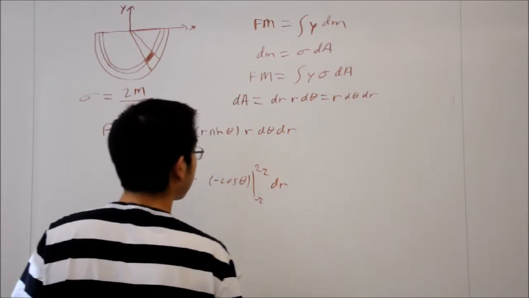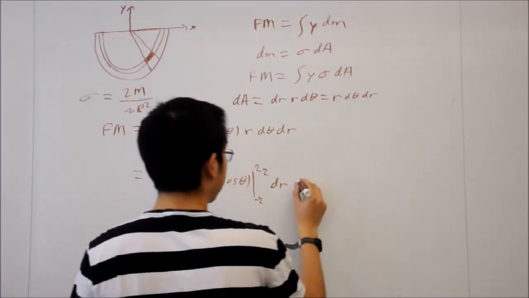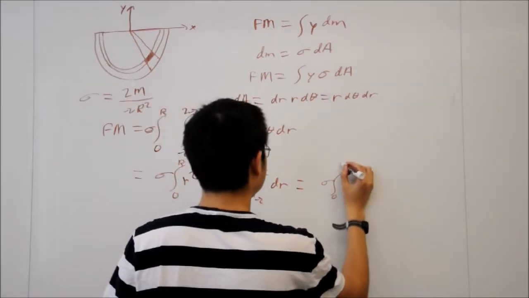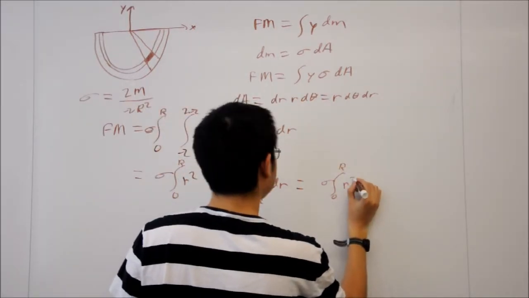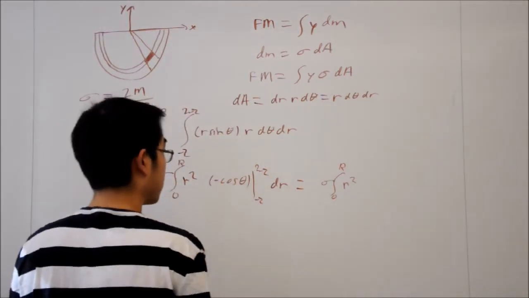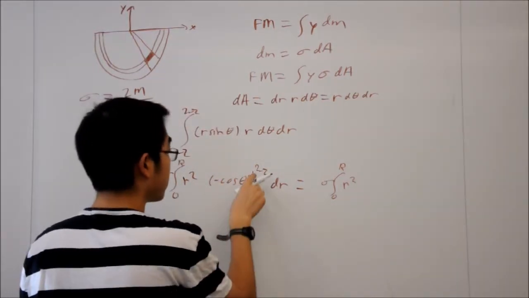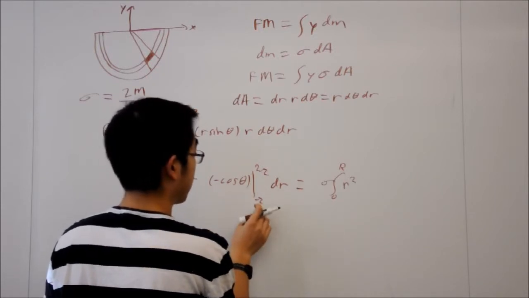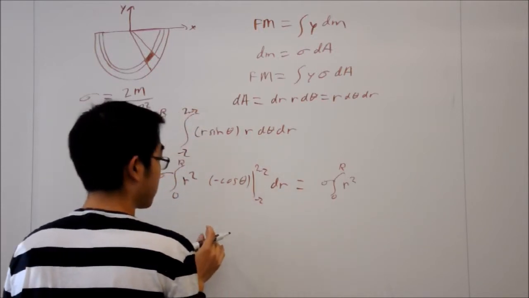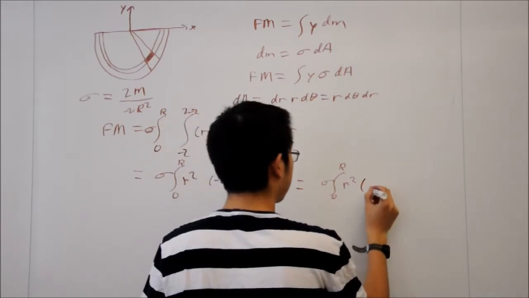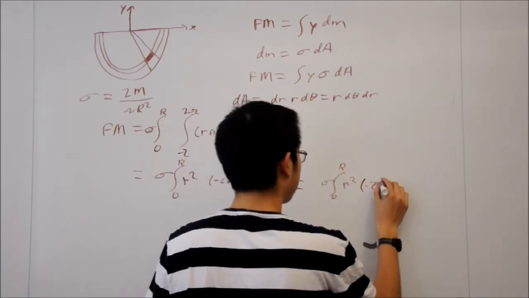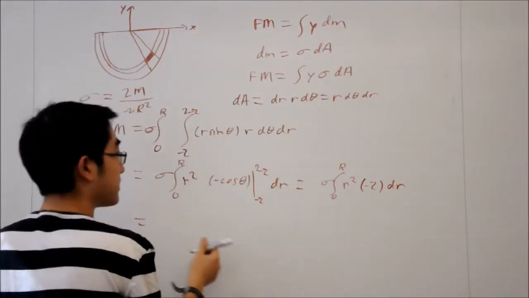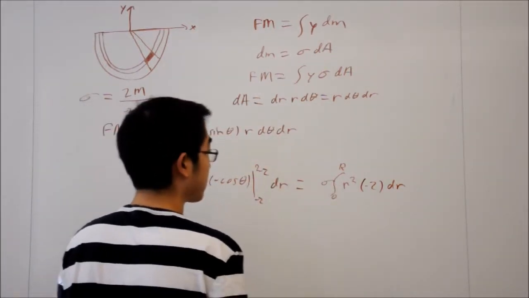We still have the dr. So that leaves us with sigma integral from 0 to big R of r squared, and negative cosine of 2 pi is negative 1, and negative cosine of pi is just 1. So we've got negative 1 minus 1, which is negative 2, dr.